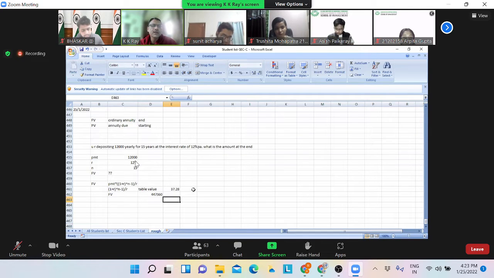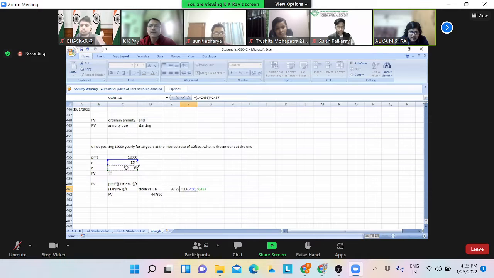This table value we can also calculate. You can calculate 1 plus r to the power n, minus 1, and that whole divided by r. Sir, is that whole divided by r, or to the power n minus 1 by r?